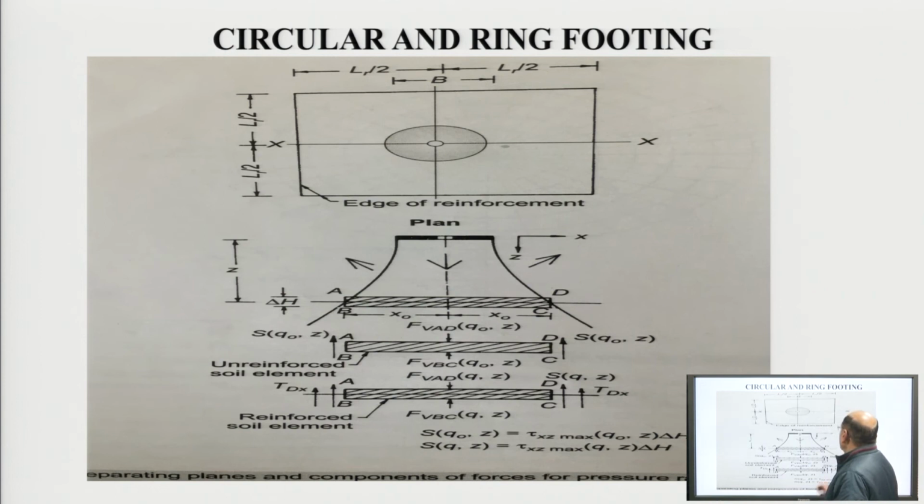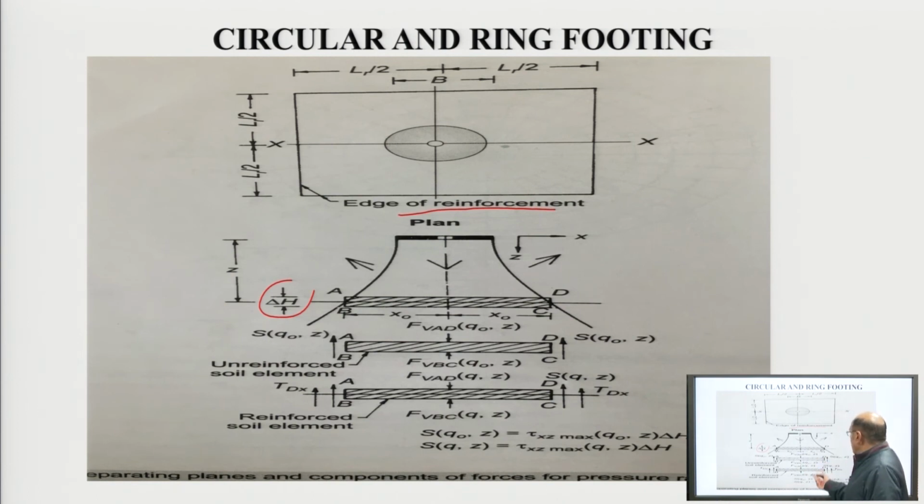We can see here this is the plan, edge of reinforcement, L by 2, L by 2, L by 2. This is the delta H, this is the element we are considering A, B, C, D, x 0.